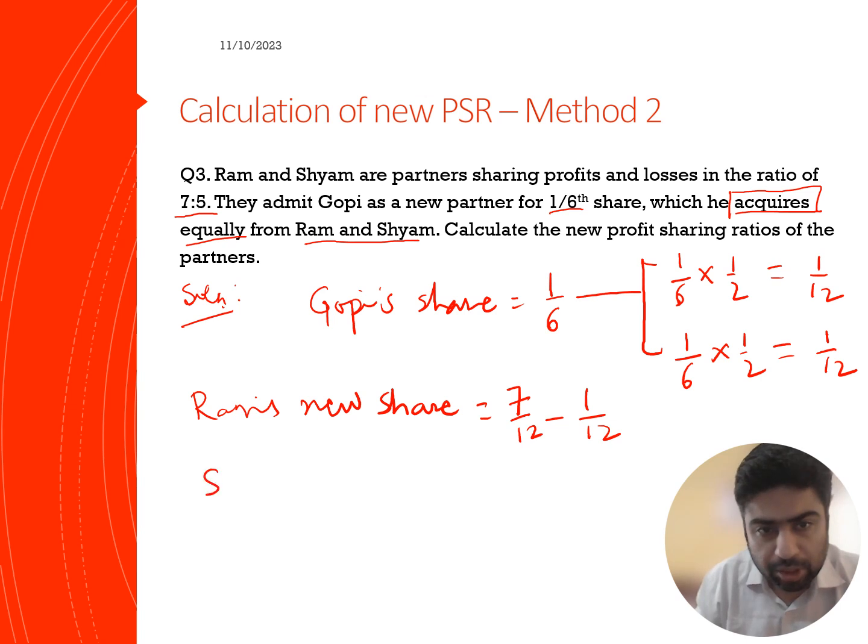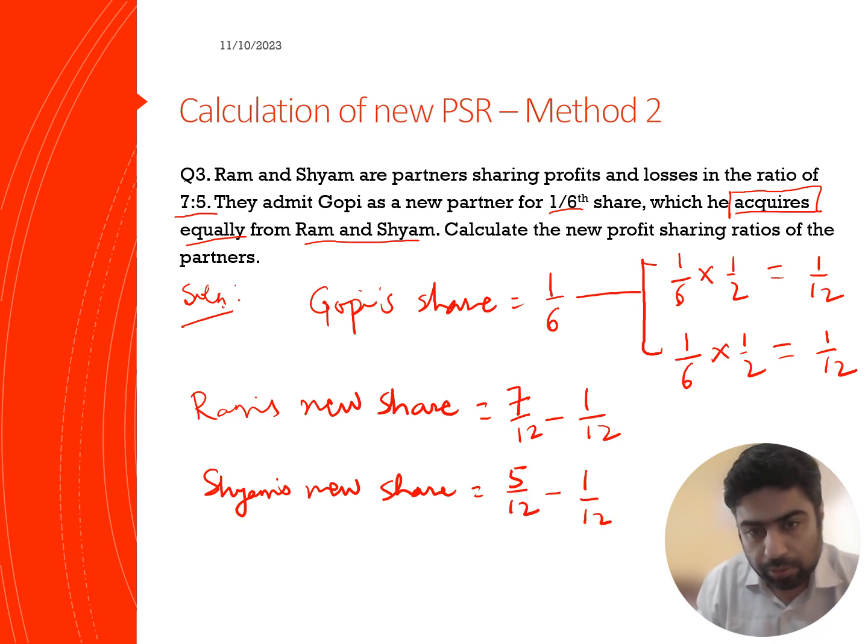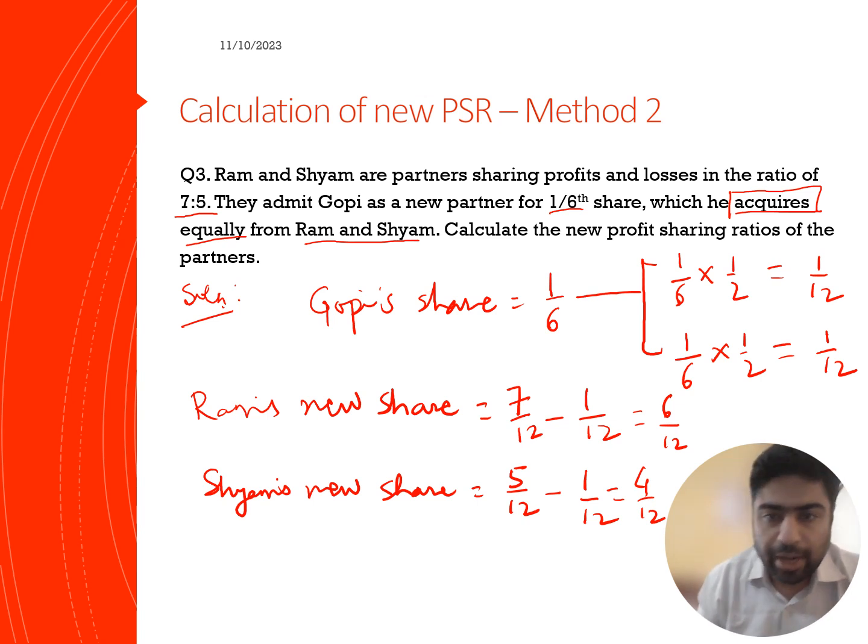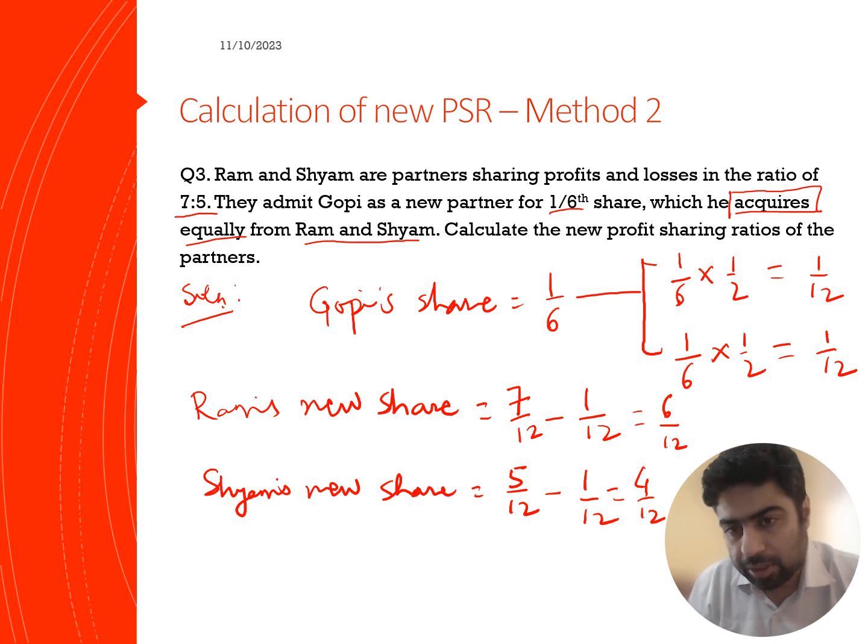Similarly, Shyam's new share will be equal to 5/12 minus 1/12. This will give us Ram's new share as 6/12 and Shyam's new share as 4/12. Alright, so now we have the new shares of Ram and Shyam and Gopi's share. So it becomes easier for us to calculate the new PSR.